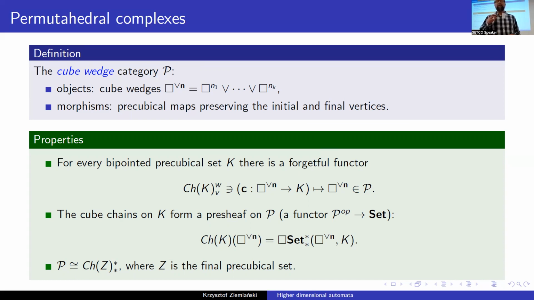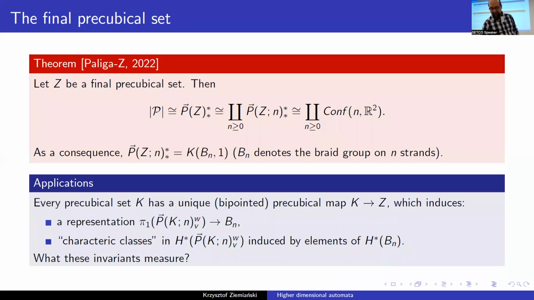The points of your execution space are glued out of permutahedra in the same way as simplicial complexes are glued out of simplices, or precubical complexes are glued out of cubes. You just get a little bit more complicated polyhedra.